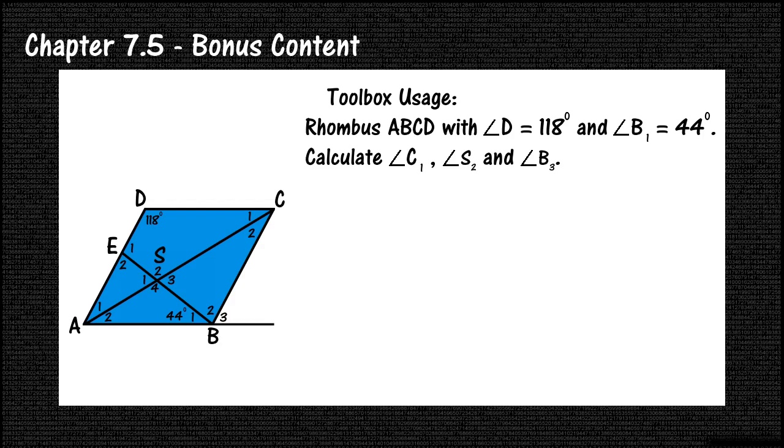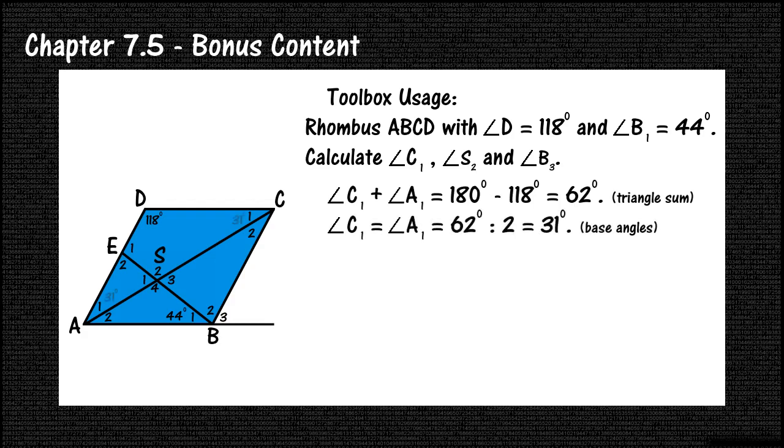So, first I calculate the remaining degrees for both A1 and C1. That means that both of these angles are 31 degrees. And because AC is the diagonal, angles A1, A2, C1 and C2 are all equal to each other.